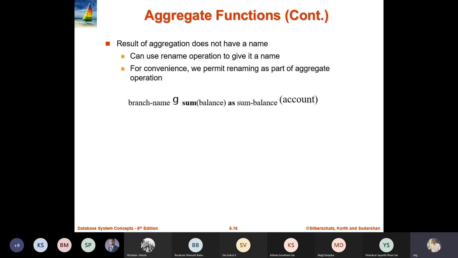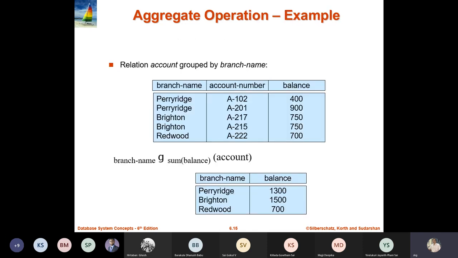So the result of an aggregate function does not have a name. We can use the rename operation to give it a name. Right. So like here, for convenience, we permit renaming as a part of the aggregate operations. Like here, branch name. So in this case, the resultant does not have a name.